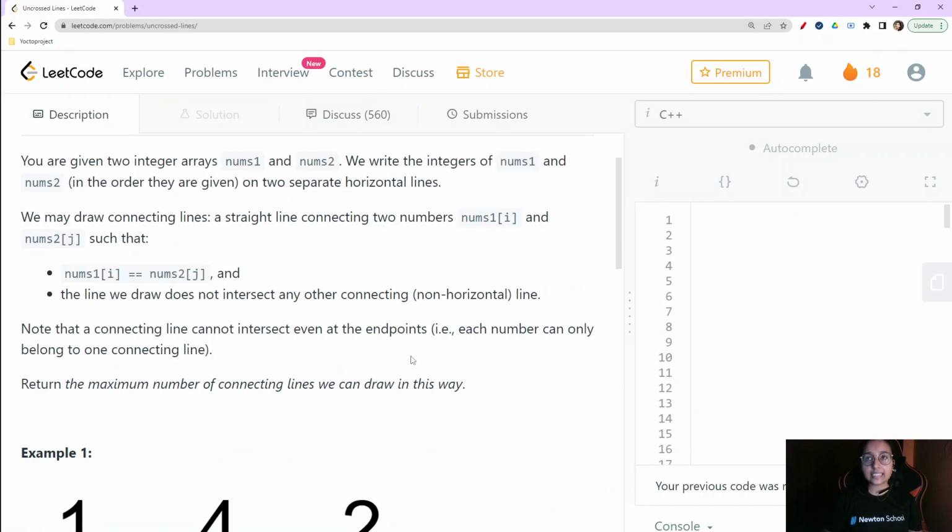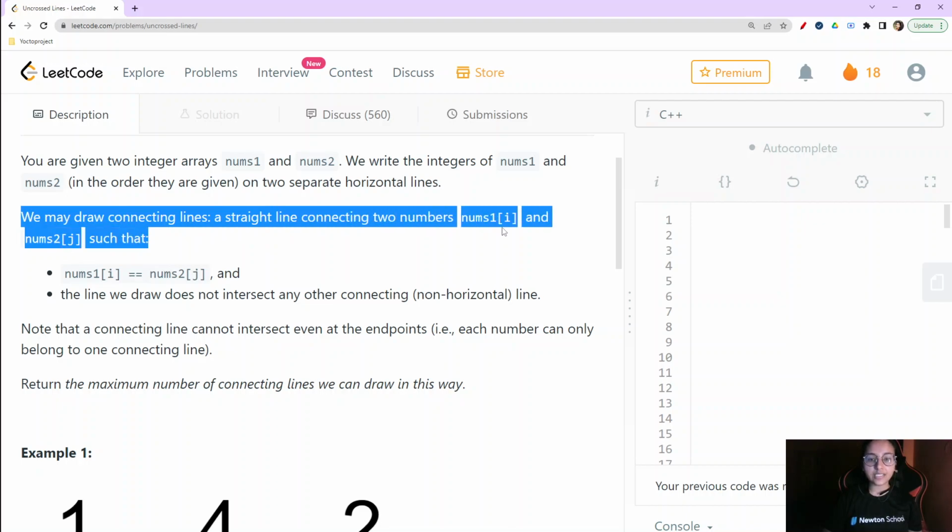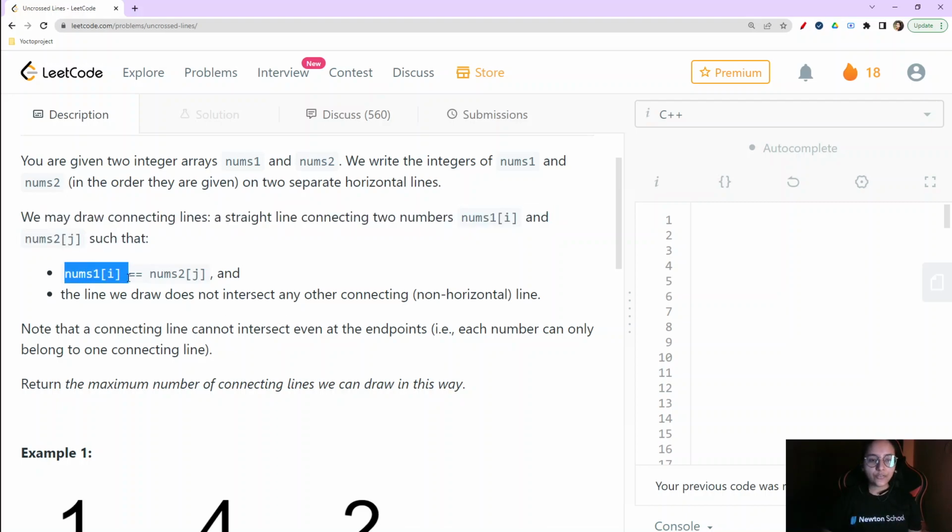Next, we may draw connecting lines, a straight line connecting two numbers in nums1 and nums2, such that... These conditions only take this question away from LCS, but at the end, when you do a dry run of the test cases, you will figure out that it is about LCS only. So nums1[i] equals nums2[j].